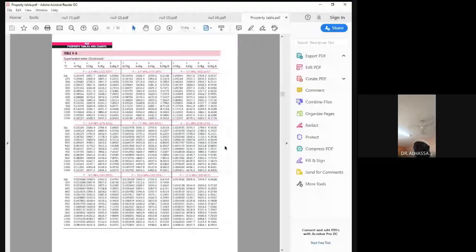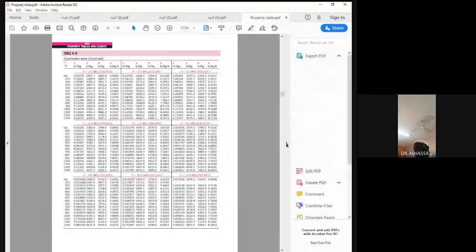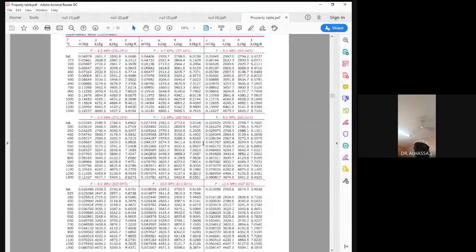Yes, so this is the property table which I was looking at.